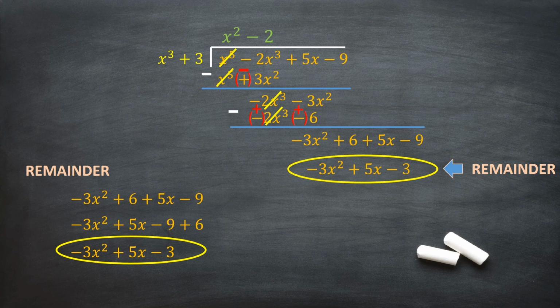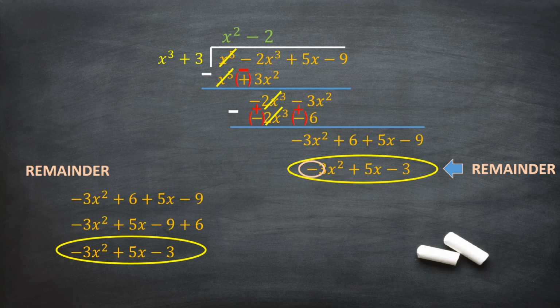But as we can see, our first term carries a negative sign, which is negative 3x squared. And a rule in remainders is that the first term should be positive. So to make this positive, we will factor out the negative sign so that our first term will carry a positive sign.